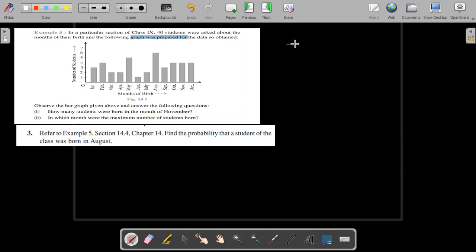Here in this question, how many students are there? There are 40 students in a particular class.